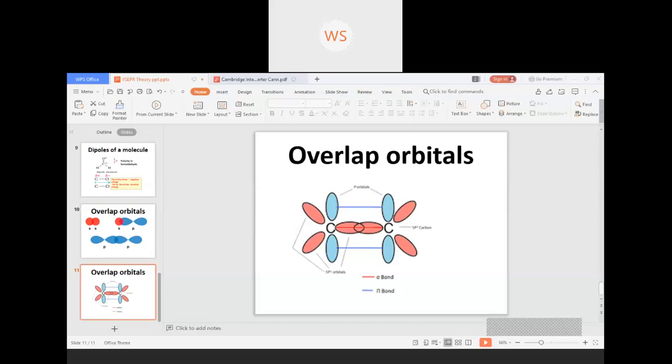Figure 3.24. Shapes for XeF2, ClF3, and SF4. Have you opened it? Yes, teacher. You see Figure 3.24? Yes.